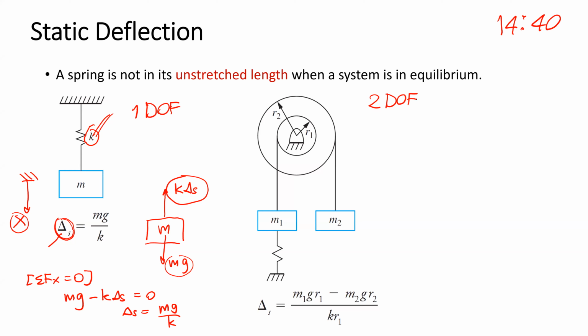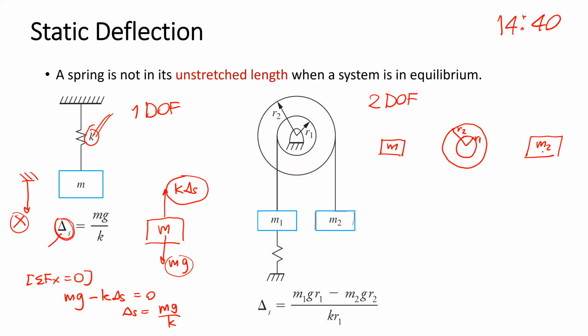We're gonna separate the mass M1. We're gonna have the pulley with R1 and with R2. And we're gonna have M2. What happens with M2?